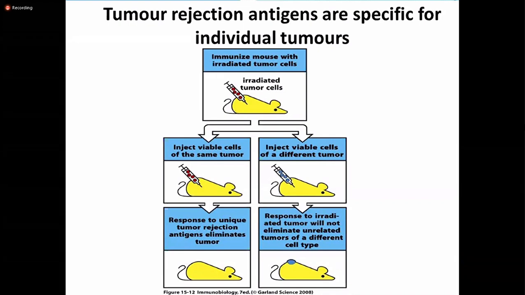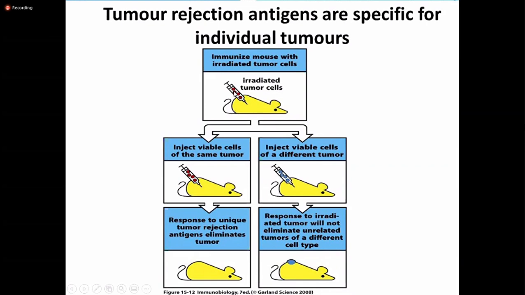And in the 50s and 60s, immunologists created a model whereby they could induce tumors in laboratory mice by injecting them with various carcinogens, various chemicals.